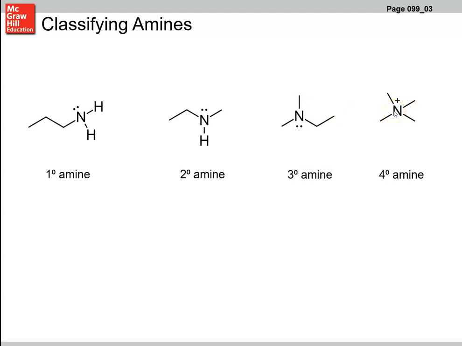But over here, if we typically have 5 valence electrons and then 1 electron from each of these bonds, that's only 4 electrons. So it lost an electron from its valence shell. It's donating these to some other molecules or atoms, so that gives it a positive formal charge on that nitrogen. So it's a little bit different convention for classifying amines than it is for the halides and the alcohol groups.